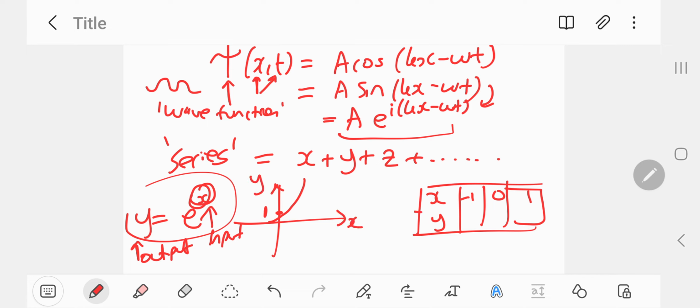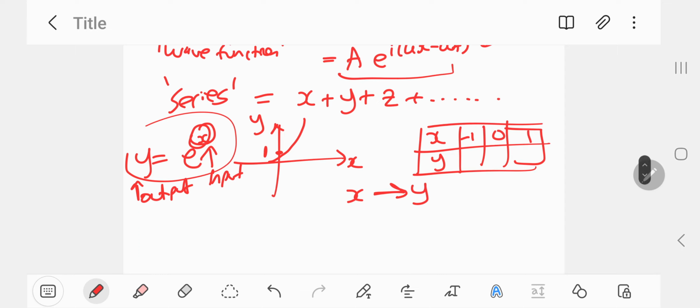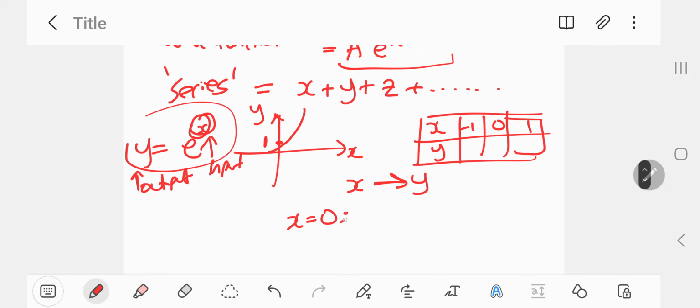It's a curve. It takes some input x and maps it to some output y. Suppose x is 0. If you plug in x equal to 0, e to the 0 is 1. If you type that into your calculator, you get 1. So e is just a number, about 2.72 to 2 decimal places.